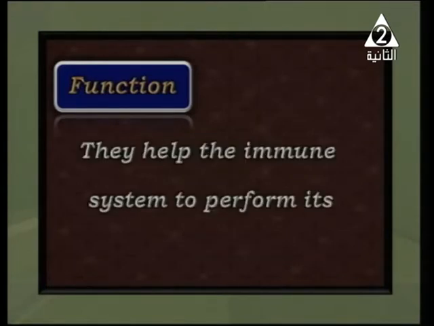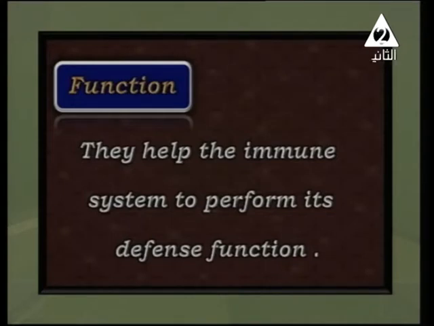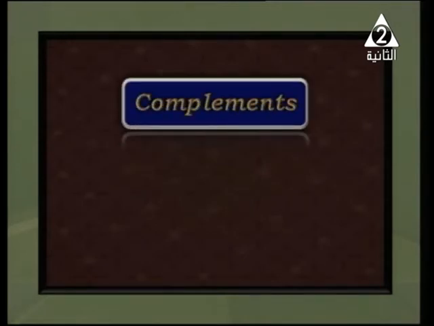After that, they help the immune system to perform its defense function. Yet we also have something that completes the function of the assisting chemical substances. They are called complements.